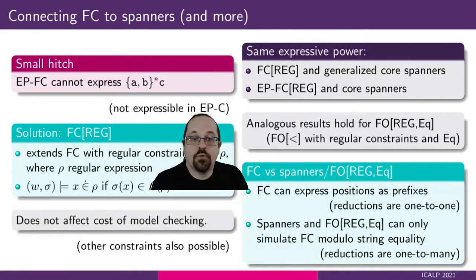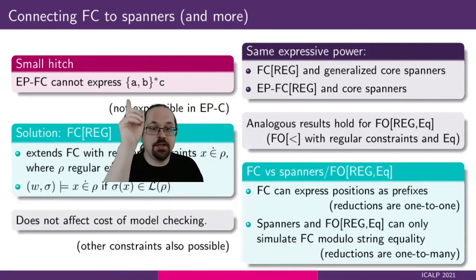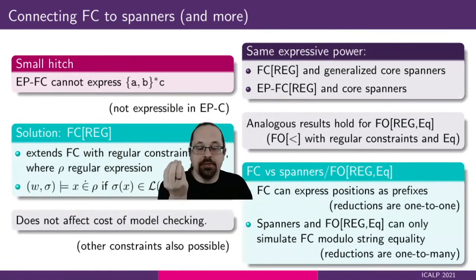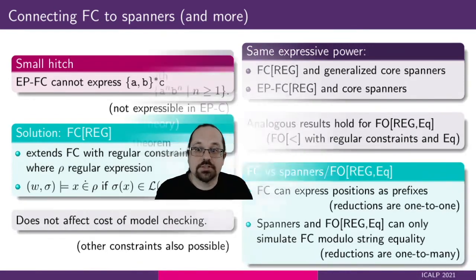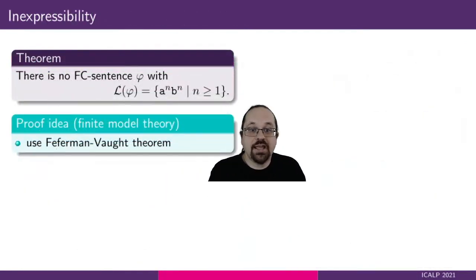And now for more general inexpressibility, because that one was taken from the theory of concatenation, we have one more inexpressibility result that's not specific to that and even works with negations. So the language a^n b^n cannot be expressed in FC without regular constraints.